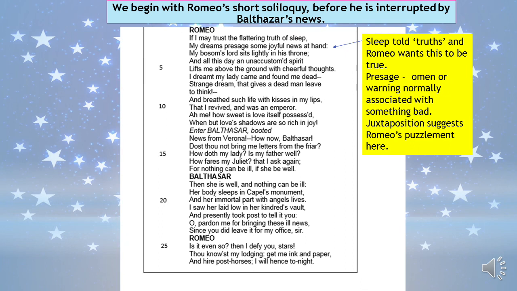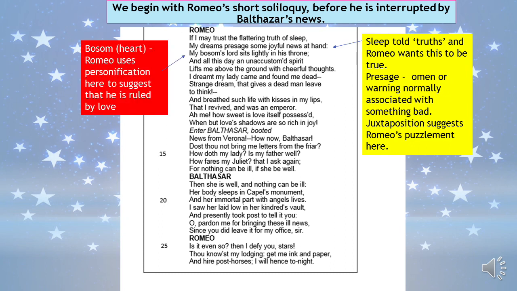This idea that even though it's something that's bad, actually it's bringing some joyful news for him. So I suppose you could say this juxtaposition that Shakespeare's using suggests that Romeo might be quite puzzled by this. So he knows it's an omen, he knows it's a warning in his sleep, but it's joyful. It's a joyful warning. Okay.